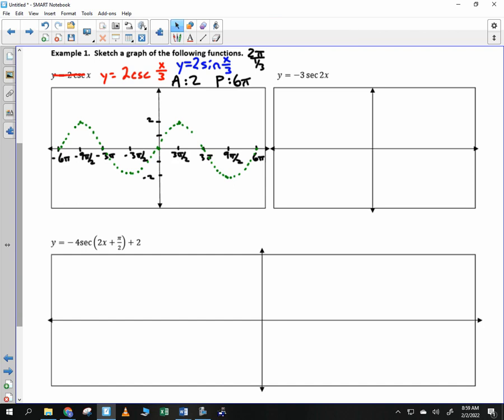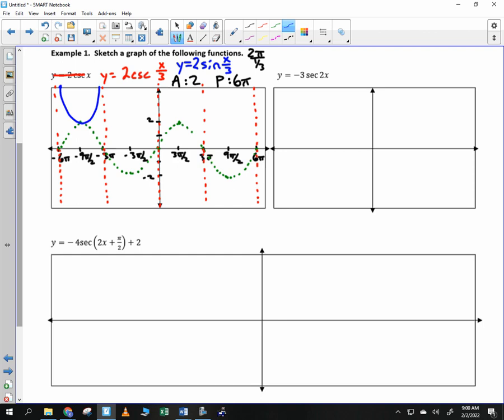And the asymptotes just go, yeah, where it crosses here. Now what? Draw your U-shapes. That's it.